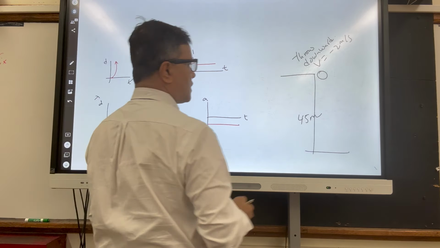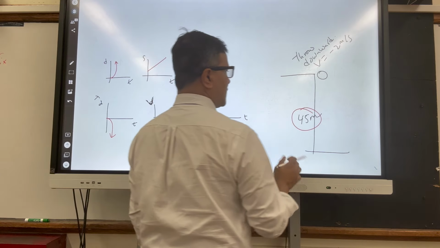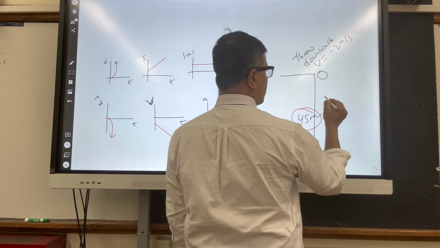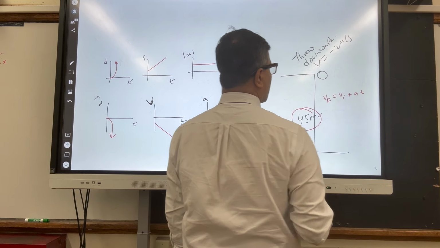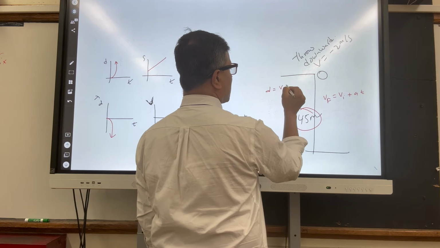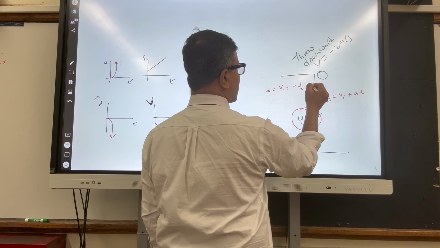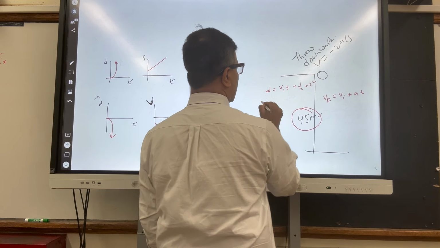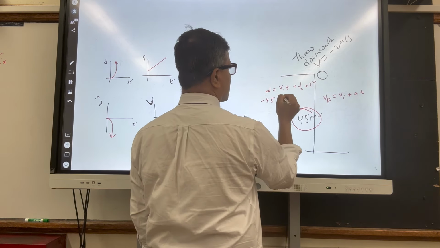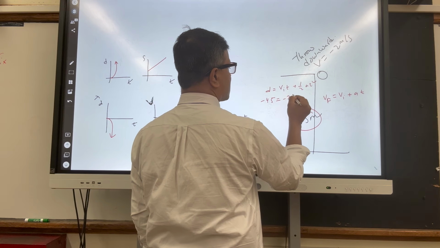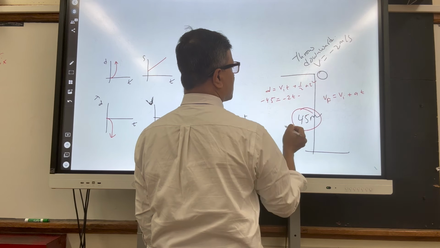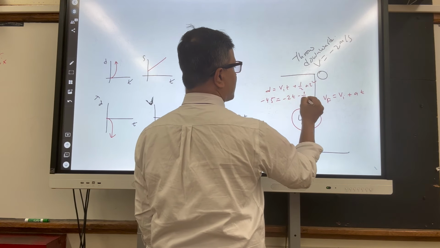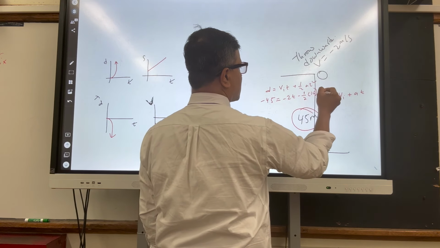How long was the ball in the air? Okay, let's see. Vf is equal to Vi plus at. And d is equal to Vit plus half at squared. So d, -45, is equal to -2t minus half 10 t squared.